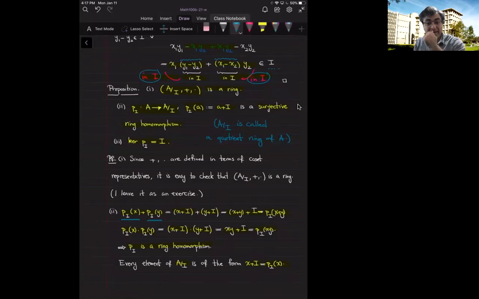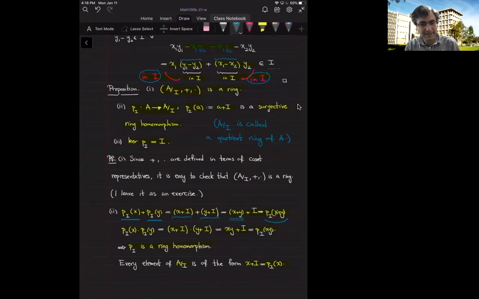Then P sub I of x is the coset that's represented by x. P sub I of y is the coset that's represented by y. But the sum of these cosets is the coset that's represented by the sum of the coset representatives. And that's precisely P sub I of x plus y.